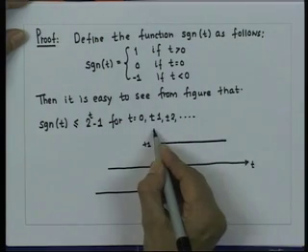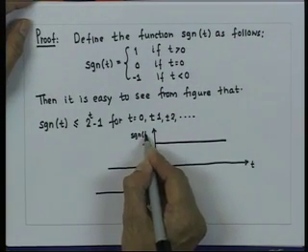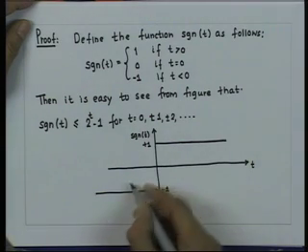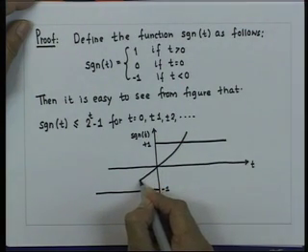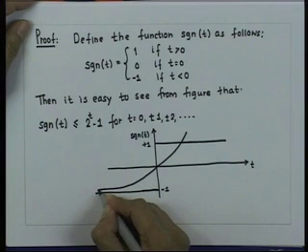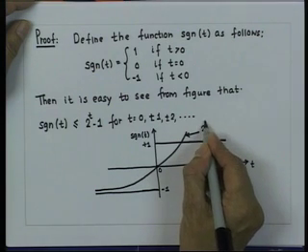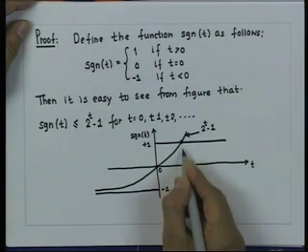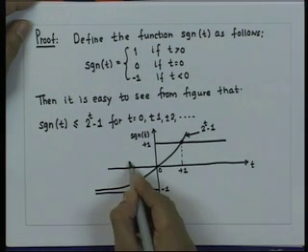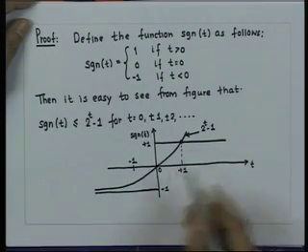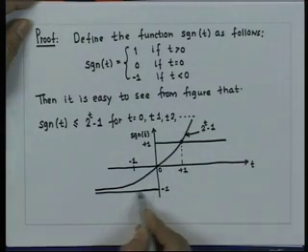This is t, and this is my signum t, and this function is 2 raised to t minus 1.